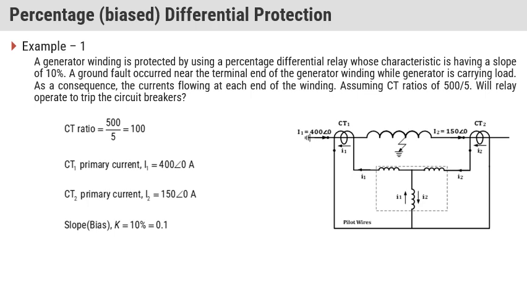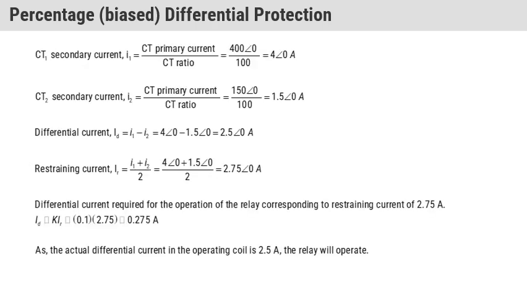Slope bias K is equal to 10%, which we can also write as 0.1. CT1 secondary current I1 is equal to primary divided by ratio, so we have a CT secondary current of 4, and the CT secondary current I2 is 1.5 at an angle of 0. The difference ID is equal to I1 minus I2, so we have a difference current of 2.5 ampere at an angle of 0.